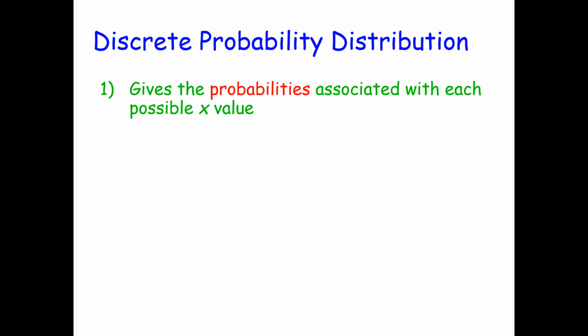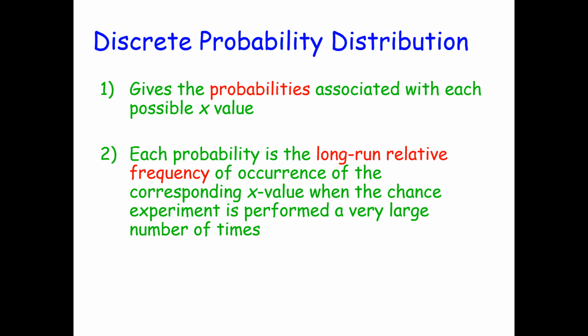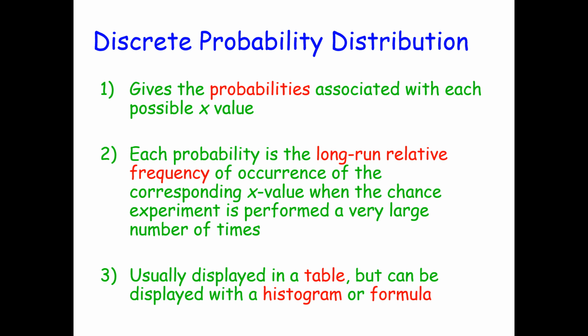It gives the probabilities associated with each possible x value, and each probability is the long-run relative frequency of occurrence of the corresponding x value when the chance experiment is performed a very large number of times. And third, it's usually displayed in a table, but can be displayed with a histogram or formula.